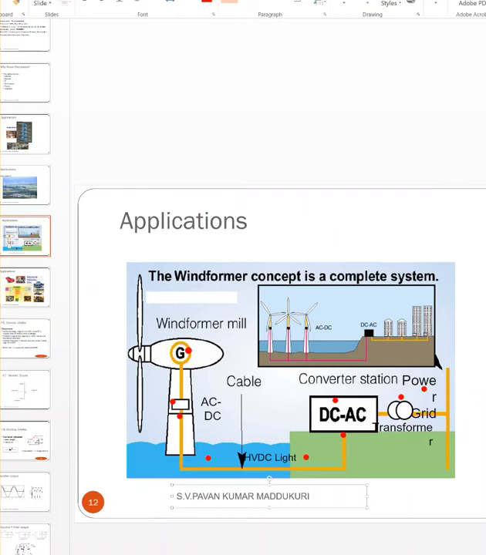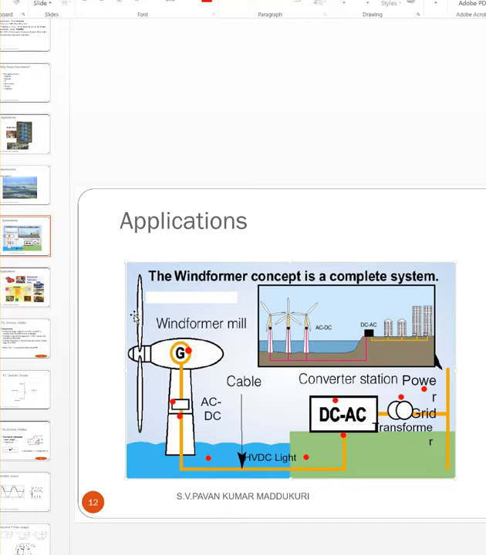Now here is a simple example or simple application. I got this slide from Dr. Pawan Kumar Madhuri, a friend of mine who graduated with a PhD from Wichita State a couple of years ago. Now, if you look at this windmill, the wind speed is unknown. It changes from time to time. It's a dynamic system basically.